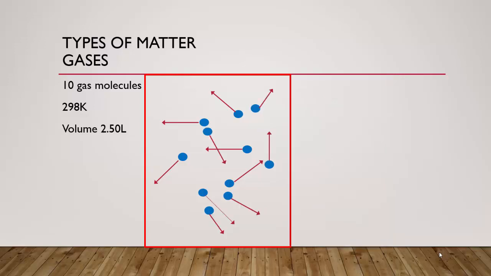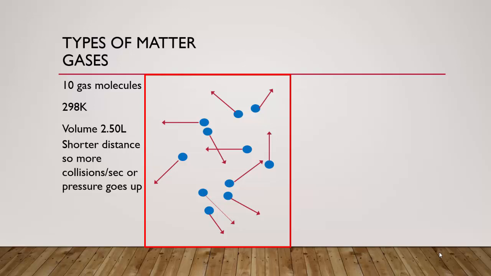We then cut the volume in half, but we still have 10 gas molecules, and the temperature is still 298 Kelvin, so the speed of the molecules hasn't changed. However, because the container is smaller, the molecules have to travel a shorter distance, so there are more collisions per second. So pressure goes up because pressure is collisions per second.